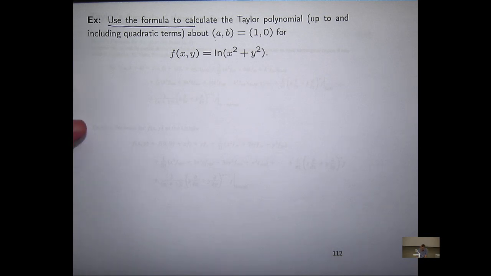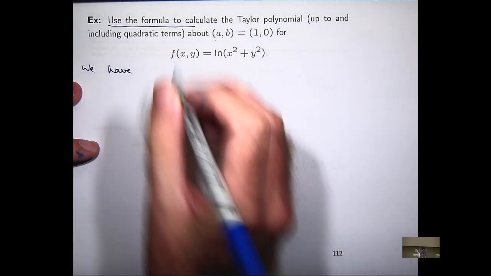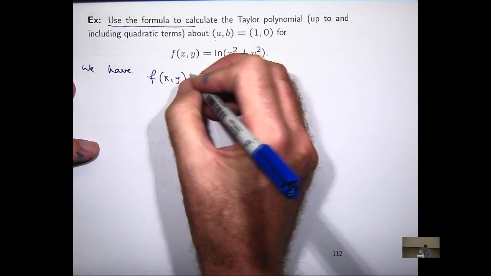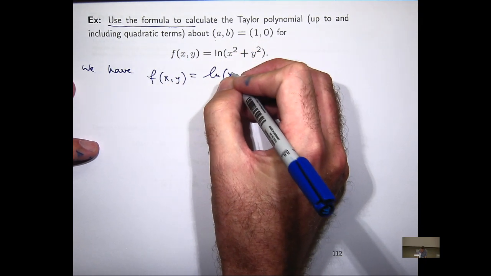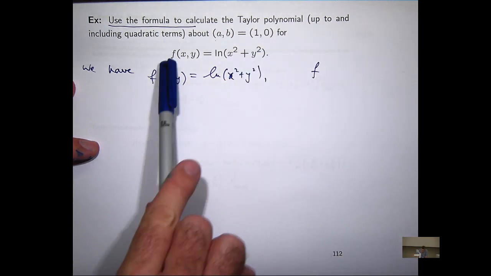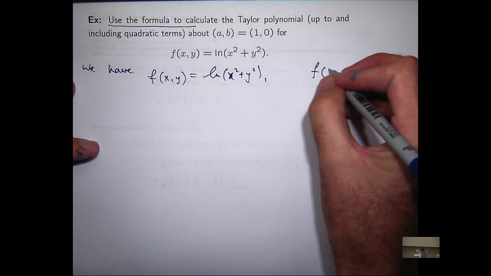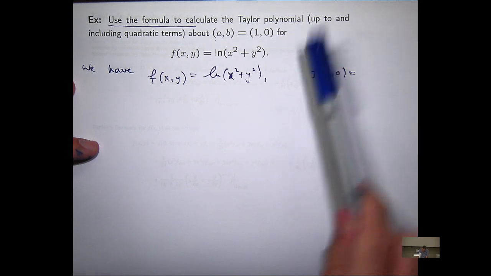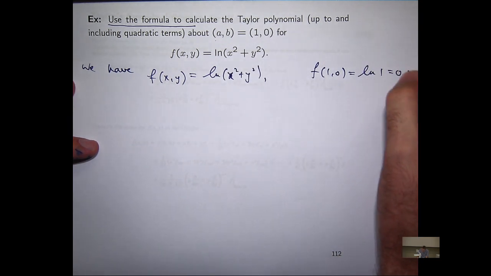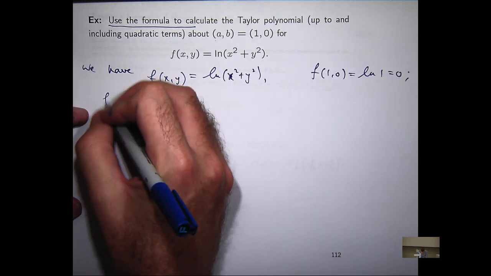So what I like to do with these things is if I know I'm going to do a bit of calculation, I form a little table. I write the general derivatives down one column and the values at the point of interest down the other. So at the point 1, 0, this is going to be log 1, which is just 0. So let's calculate our partials.